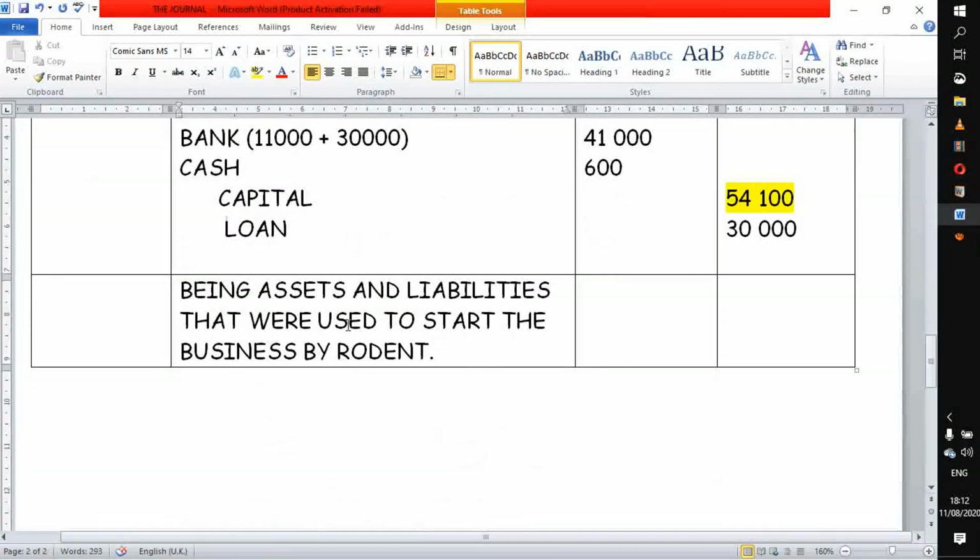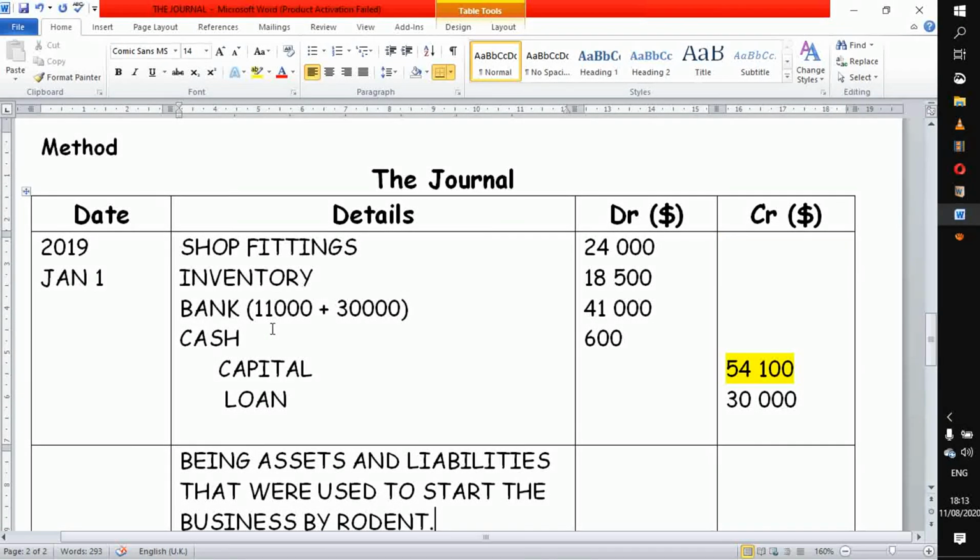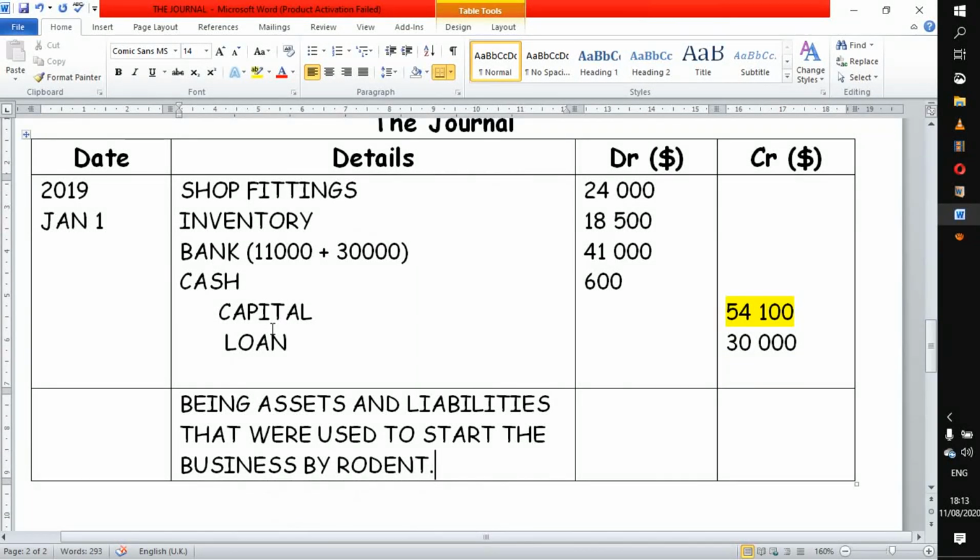So we know Rodent brought assets and some liabilities in the form of loans to start the business, and those assets are constituting part of the capital of the business. So that's the narration.